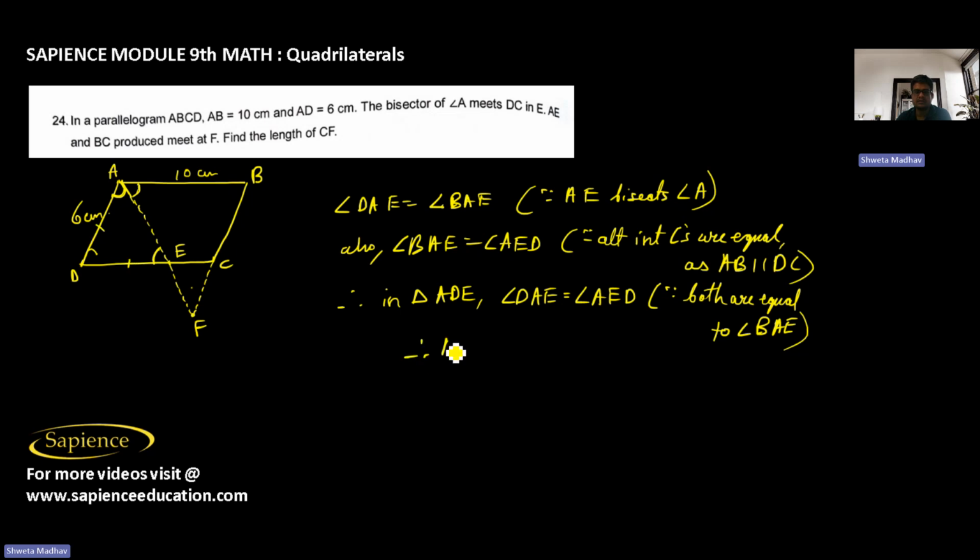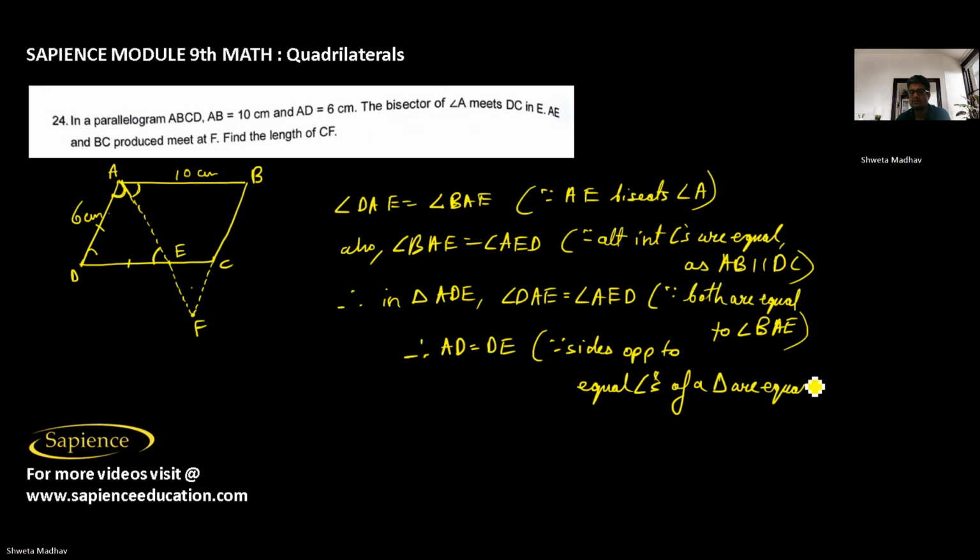So therefore I can say that AD equals DE, since the sides opposite to equal angles of a triangle are also equal. So AD equals DE, that is equal to 6 centimeter.